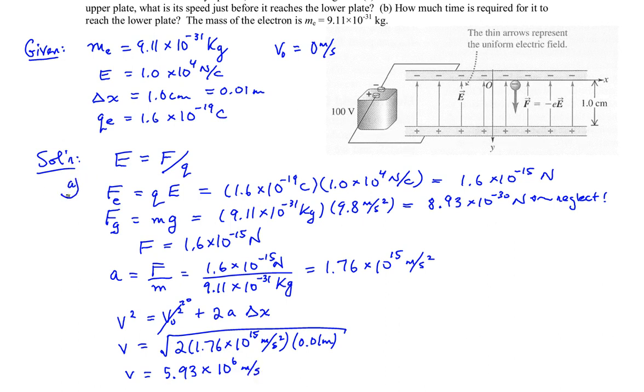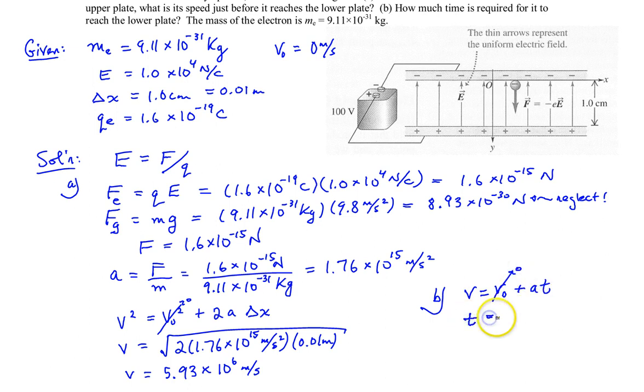B is asking how long it takes it to reach from the top to the bottom. So that's just another kind of kinematics problem. There's a lot of ways you can do it. Now that you know the final velocity and the initial velocity and the acceleration, you could just use v equals v0 plus at. Again, the initial velocity is 0.